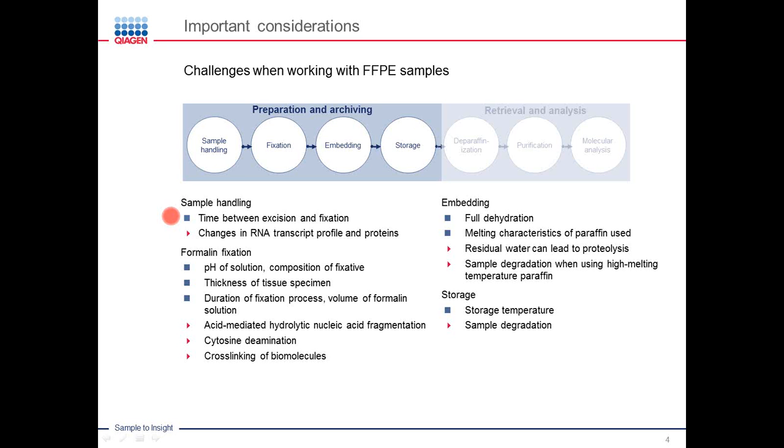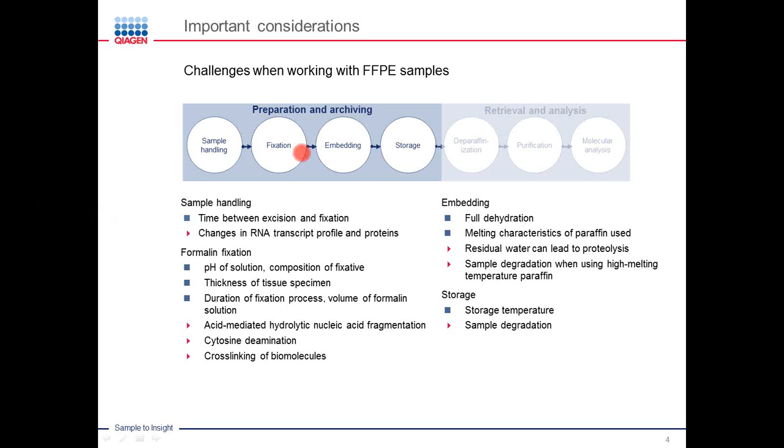And I don't even claim this list, honestly, to be complete. So just to mention a few examples here. Challenges potentially influencing your downstream results start as early as when handling, when the sample is taken, more or less. So the time between excision of a biopsy and fixation actually matters, as changes in the transcription profile and protein profile will occur during this time.